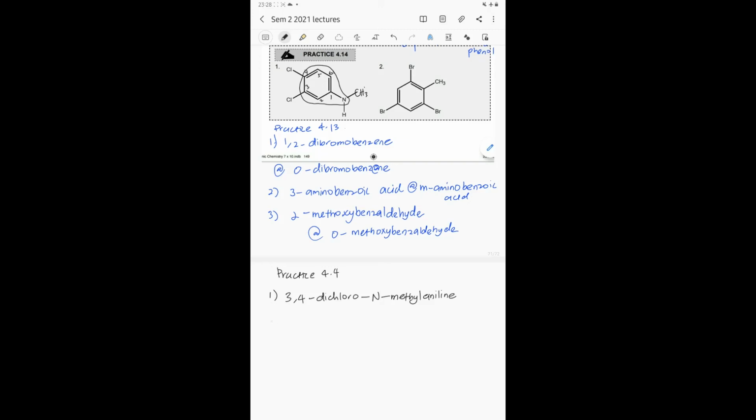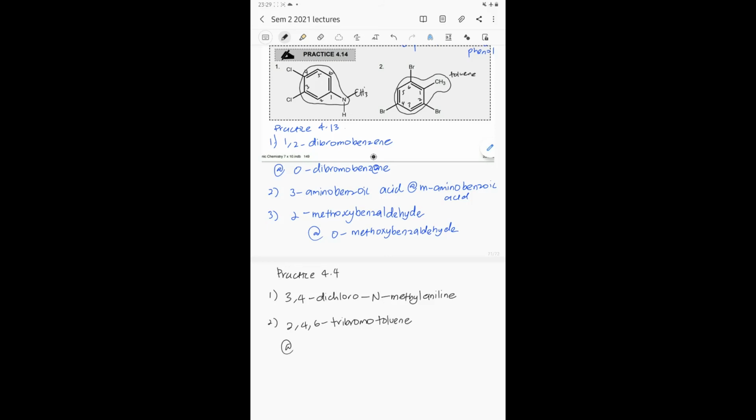And last one. Let's give the numbers. I will take the parent as toluene. Also refer to page 148. This is toluene, or methylbenzene. So if you choose toluene as the parent, this should be carbon number 1, 2, 3, 4, 5, 6. So the name will be 2,4,6, 3Br means tribromotoluene.